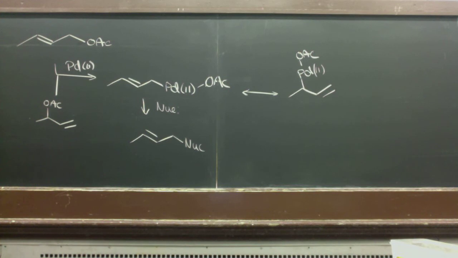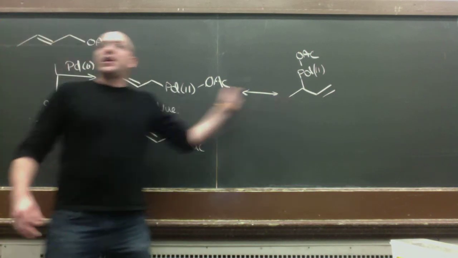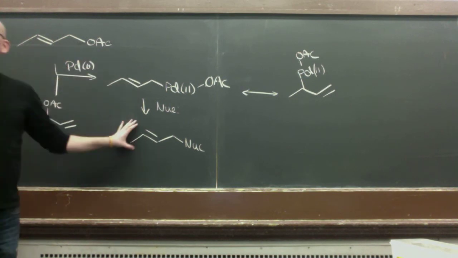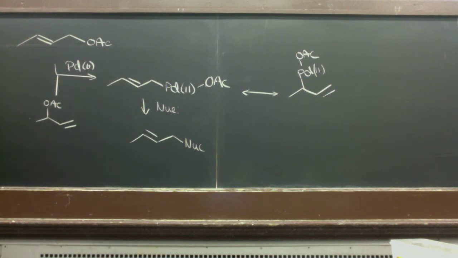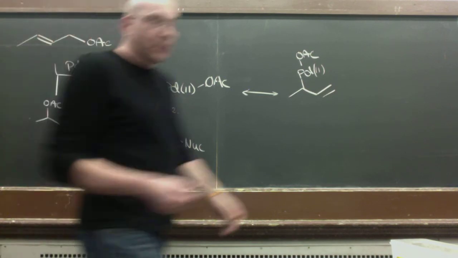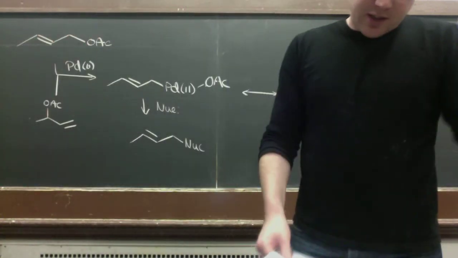In that case, what you start with is this one, which would then undergo that 1,3 migration, and in principle, if you start with this one or this one in the presence of a nucleophile, you're going to get the same product, given that you have this migratory isomerization process, if you want to call it that.